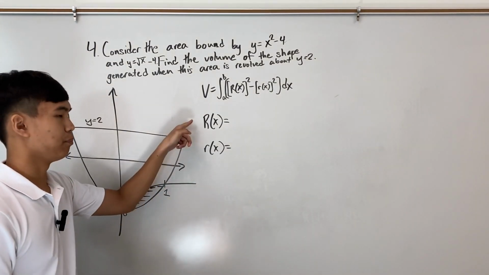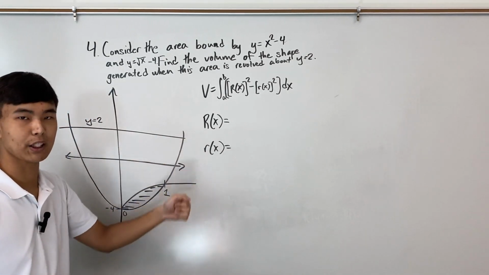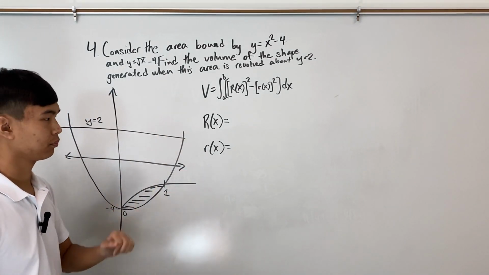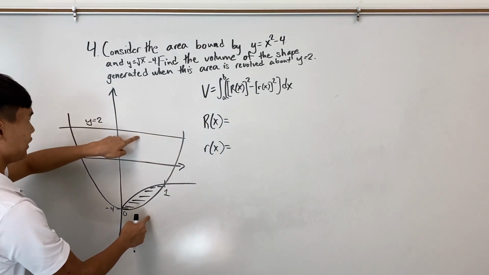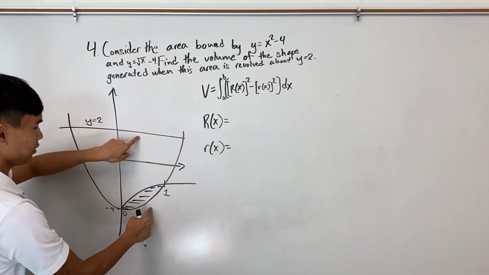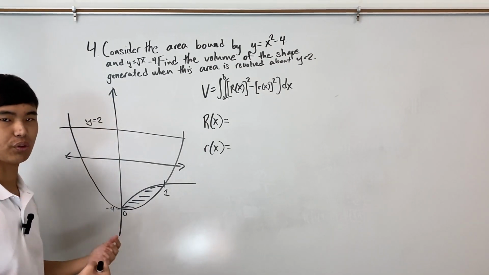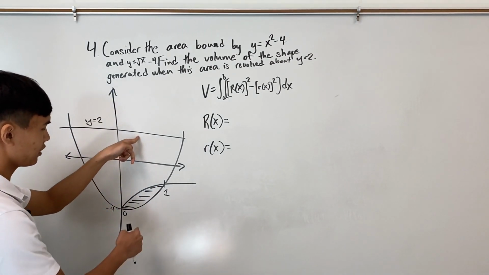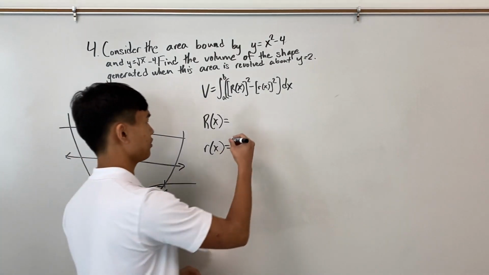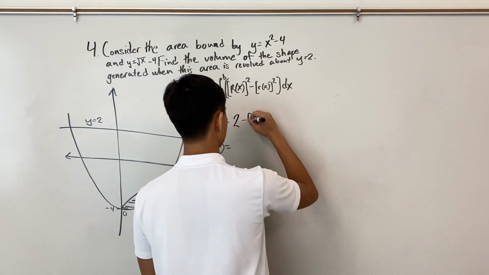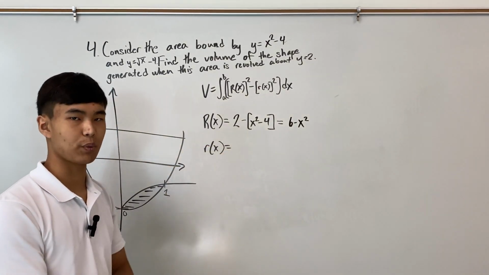Now we have to find our big radius and our little radius. Remember how I said in the last example, we always want to find these with respect to our axis of revolution. When I stand on this line and I look this way towards the curves, the outer curve that I see is x squared minus 4. But x squared minus 4 isn't the true distance from here to x squared minus 4. To find this distance, I'm going to take the difference of 2 and x squared minus 4, which gives me 6 minus x squared.